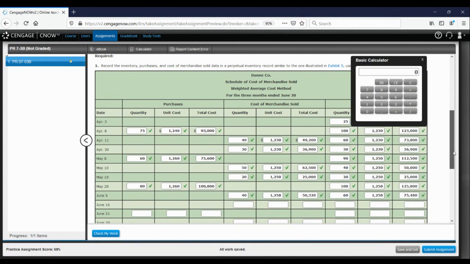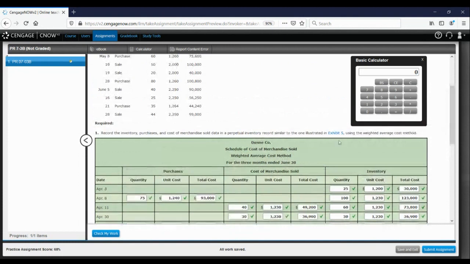On the next transaction, which is June the 16th, we sold 25 more units at the selling price of $22.50. The total sales was $56,250. So I would debit my accounts receivable and credit my sales for $56,250.